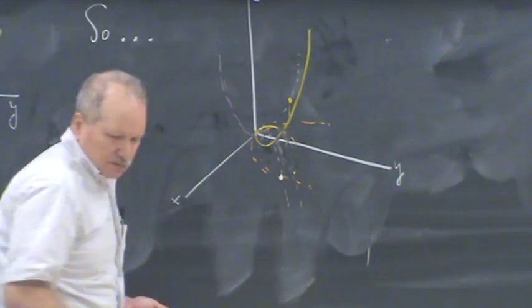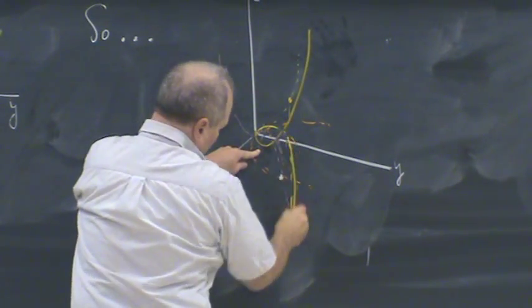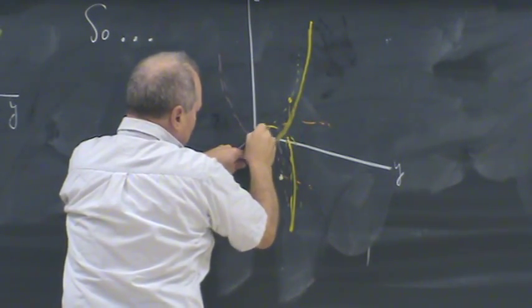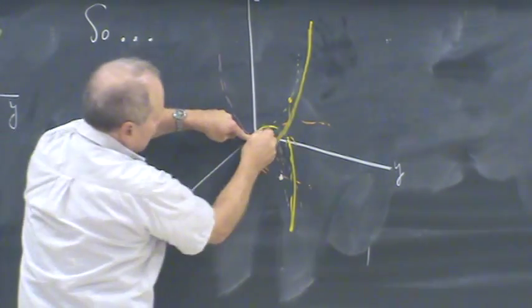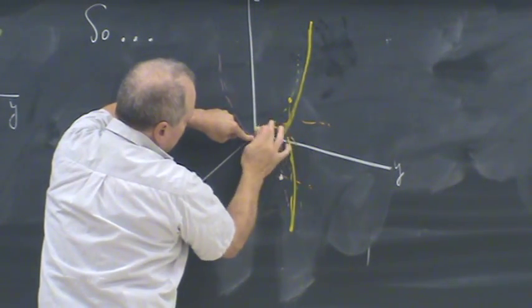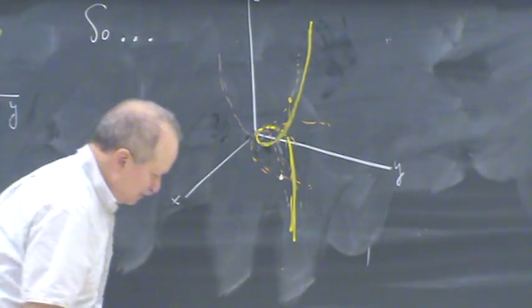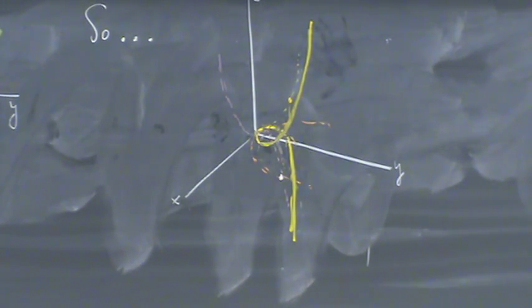So back behind is the reflection of what it's doing in front. So it's coming down to the origin, and then you reflect across the xy plane, and you get the curve that goes behind, and then goes down below. So that's an approximate picture.